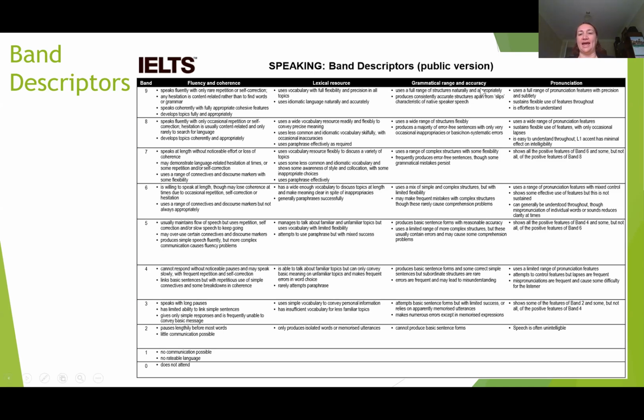Grammatical range and accuracy. This is a nice simple one. It just means that you've got complex structures with how you're expressing yourself. Rather than saying a cat sat on the mat, being very, very simple. How are you today? I'm good. Too simple. How are you today? Well, I'm okay. It's been a little bit stressful because of coronavirus.